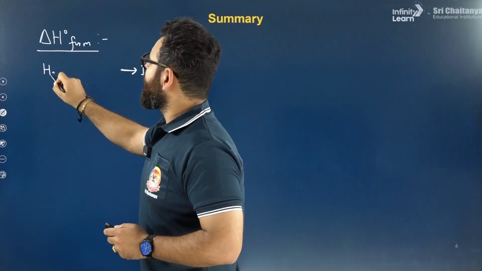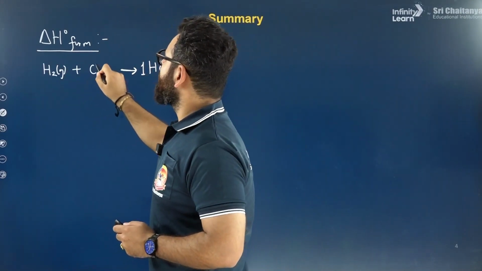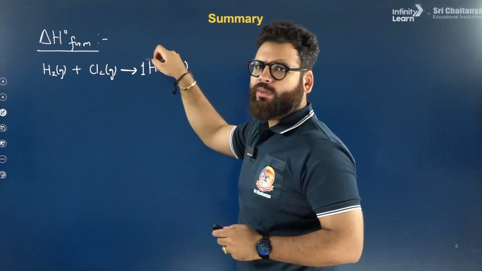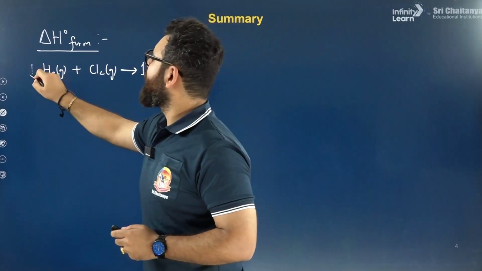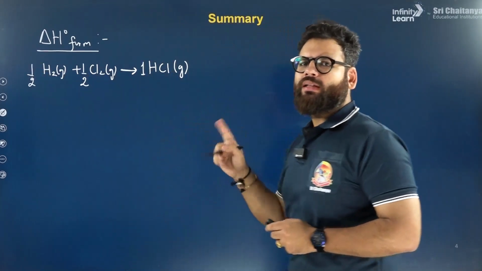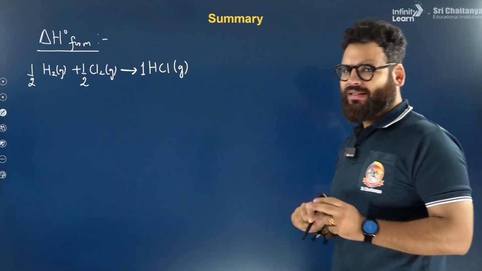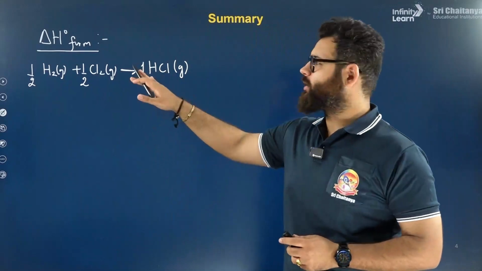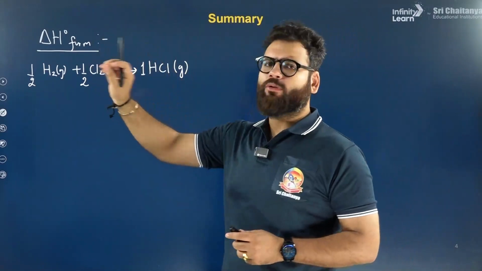For this, I will take H2 gas with Cl2 gas. Balance the reaction, never touch this stoichiometry. This must remain 1. So, I will take half mole of H2 with half mole of Cl2. Only this reaction is the formation reaction of HCl. Okay. Whatever will be the enthalpy of this reaction will be called the formation enthalpy of HCl.